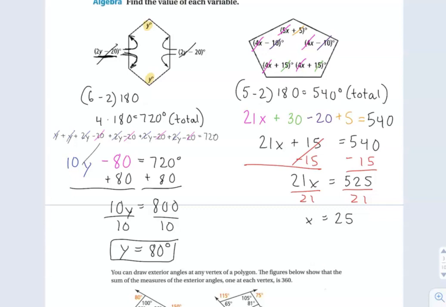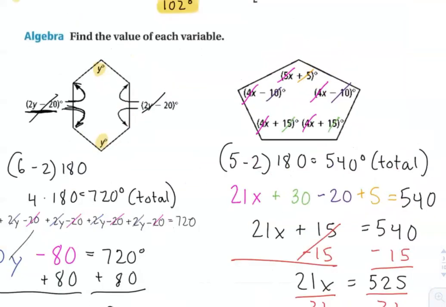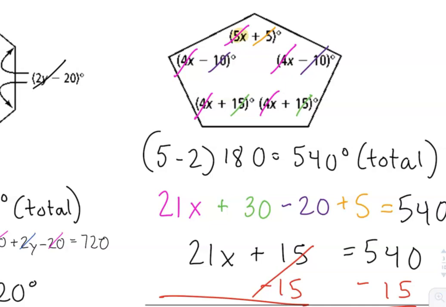All right, your answer here, guys, is 25. So really the place you want to double check is just combining all those like terms. I didn't write them all out because there are just so many. And you guys can do this too. I like to cross them out to make sure I'm not double counting or missing anything. So I just went through and I added up all of my x terms. I got 21x.